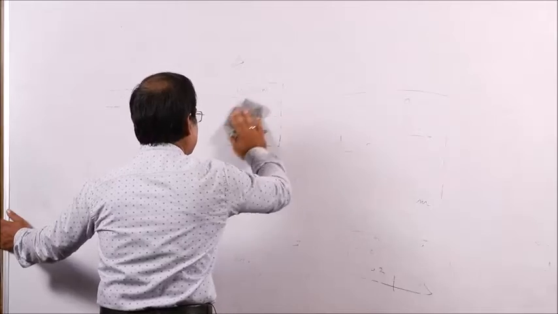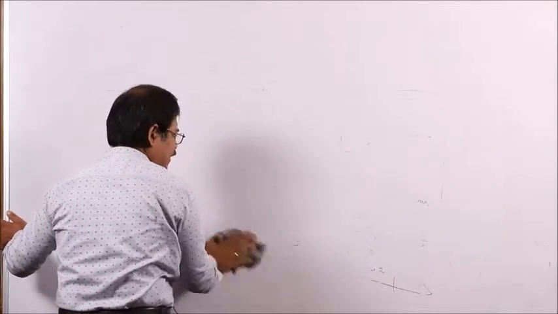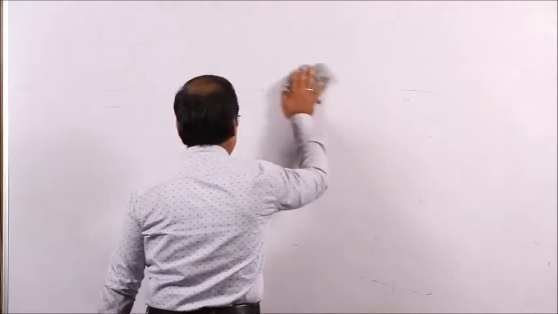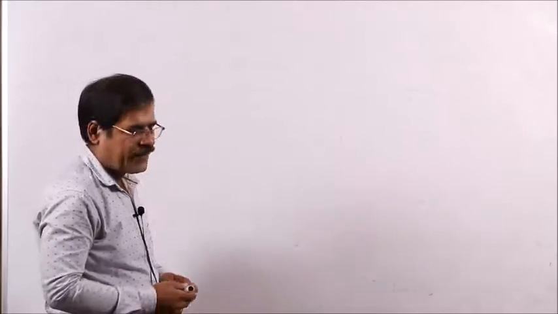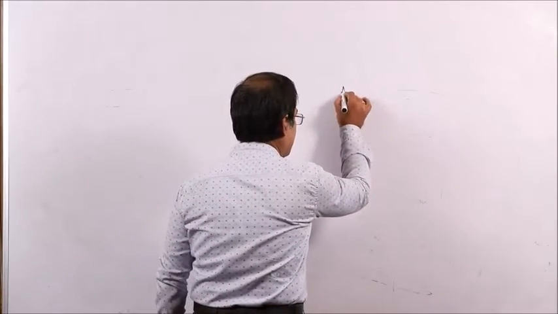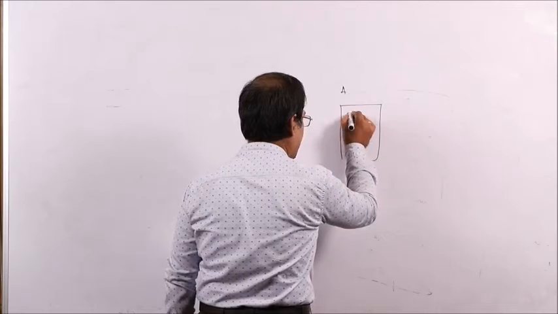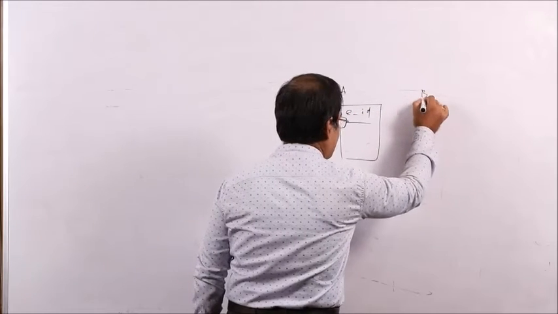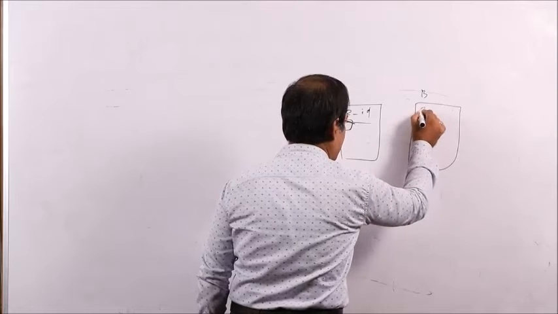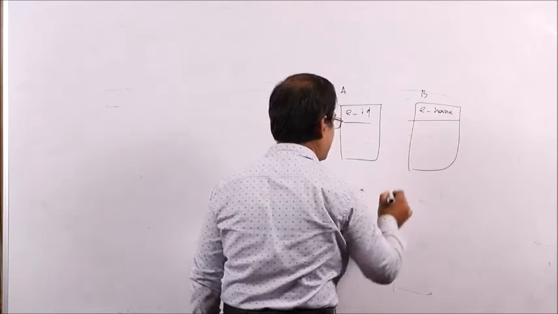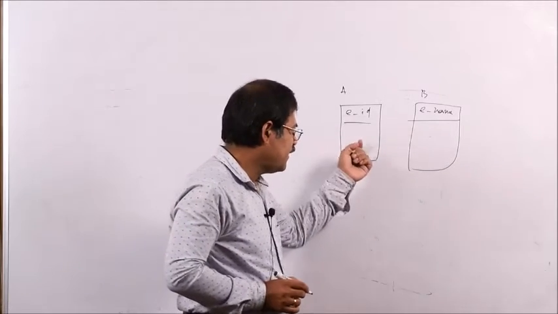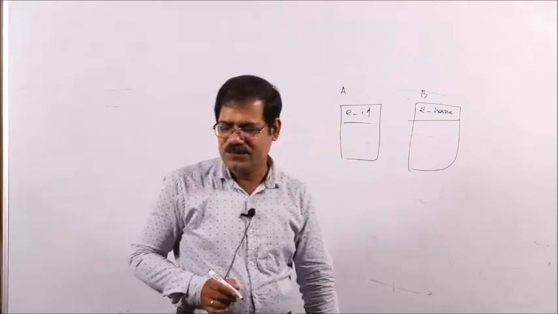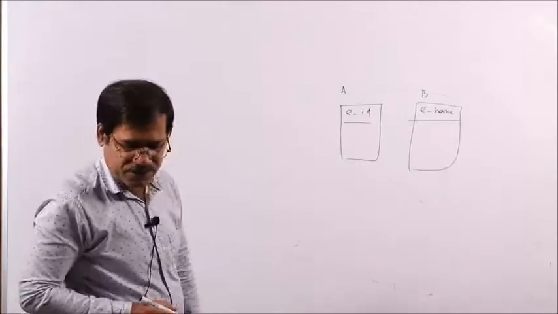Our requirement is that two fields, eid and ename, are required. eid is present in the first table and ename is present in the second table. The first table has only one field, employee ID, and the other table B has employee name. I want to display both employee ID and employee name, but these fields are not in a single table, they are in two different tables. So, what is your syntax?